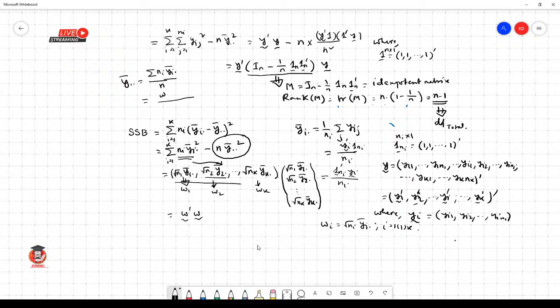I think it is better... Alright. So again this is W... n1 y1 dot bar into y2 dot bar.